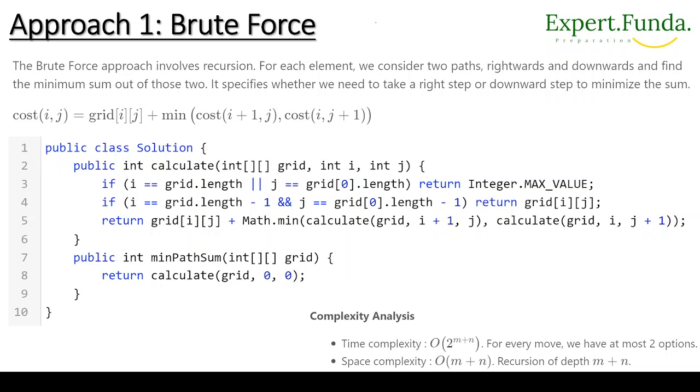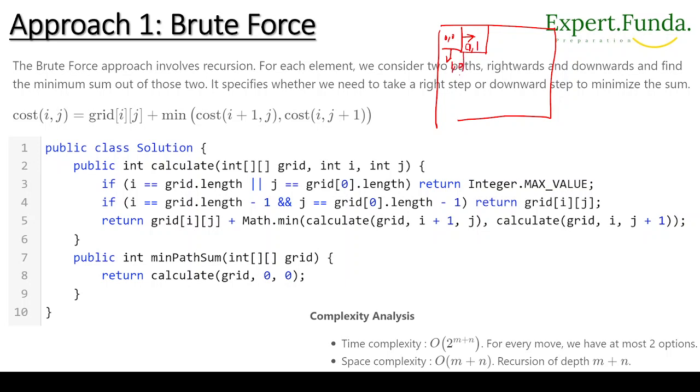To calculate any position, let's suppose we have this as an array. This is your 0, 0, so from here we will go either in this direction or in this direction. So the next positions will become 0, 1 and 1, 0, right?